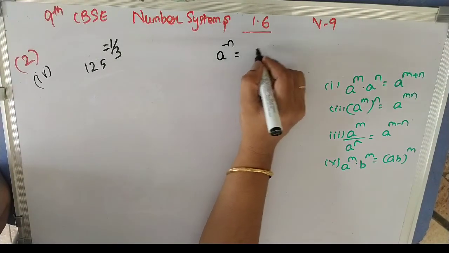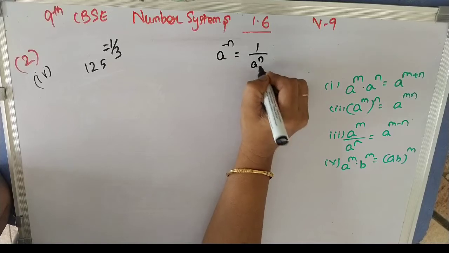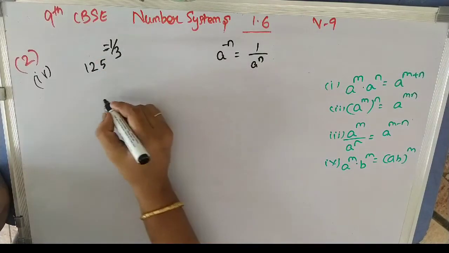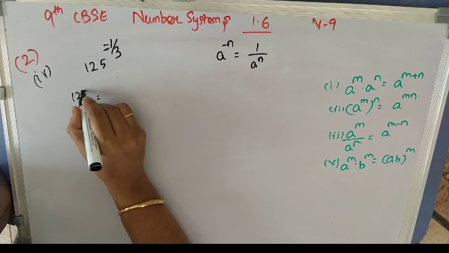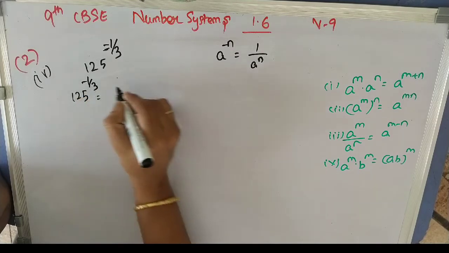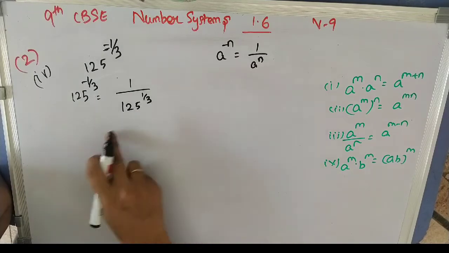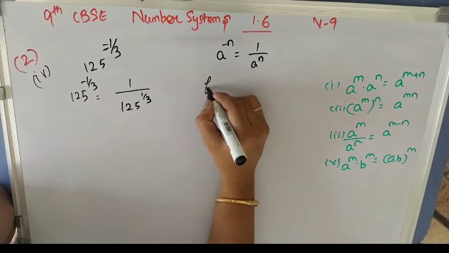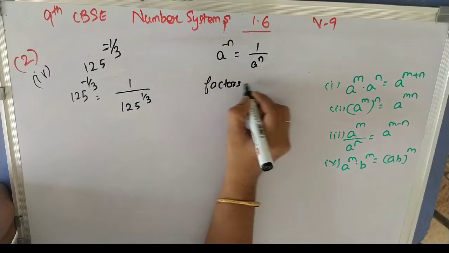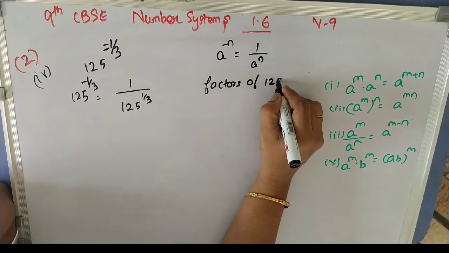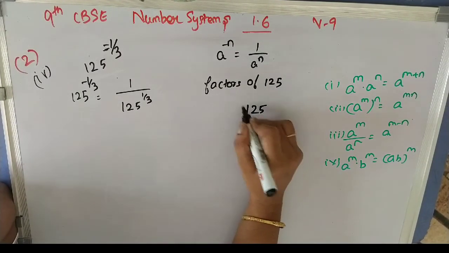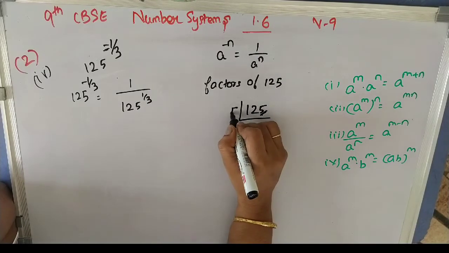Fourth question. 125 power minus 1 by 3. How to convert minus into a positive number? I am going to bring that 125 to the denominator so that I can get a positive power. So 125 power minus 1 by 3 is equal to 1 by 125 power 1 by 3. Then we have to do the regular procedure of finding the factors of 125.